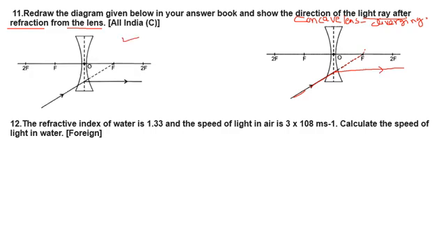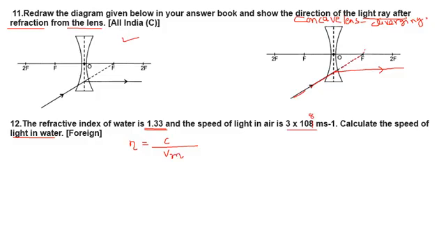Question number 12. The refractive index of water is 1.33 and the speed of light in air is 3 into 10 to the power 8 meter per second. Calculate the speed of light in water. For this, we are going to use the formula of refractive index, that is n equals c, the speed of light in air or vacuum, divided by the speed of light in the medium.